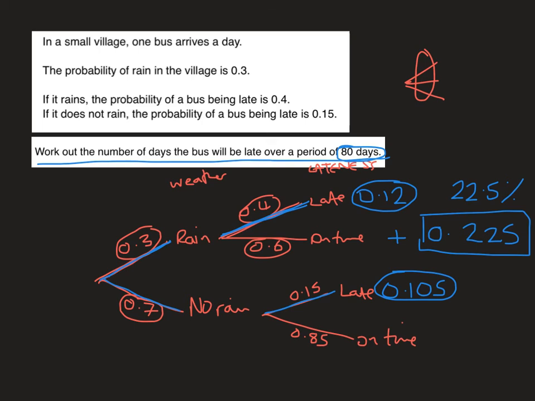So to work out that expectation, and you have this somewhere from previous work, expectation, if I'm talking about probability, is the number of events multiplied by the probability of it happening.